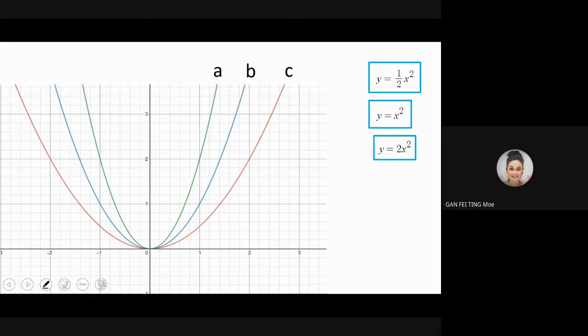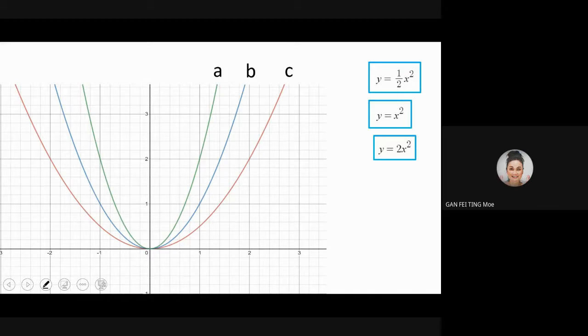So now, it might be a question for you to check or match which is which. So can you please give me the answer of A, B, C? How do you predict this one? How do you see this one? Anyone would like to try?